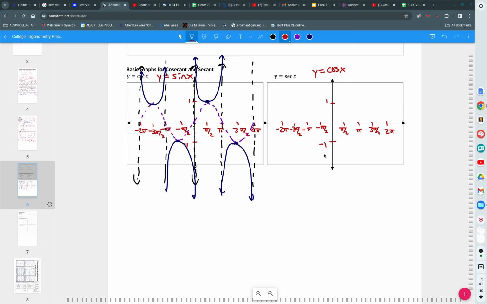And once you have that horizontal structure drawn out, you can then go ahead and draw your graph. Remember that cosine starts at the top.